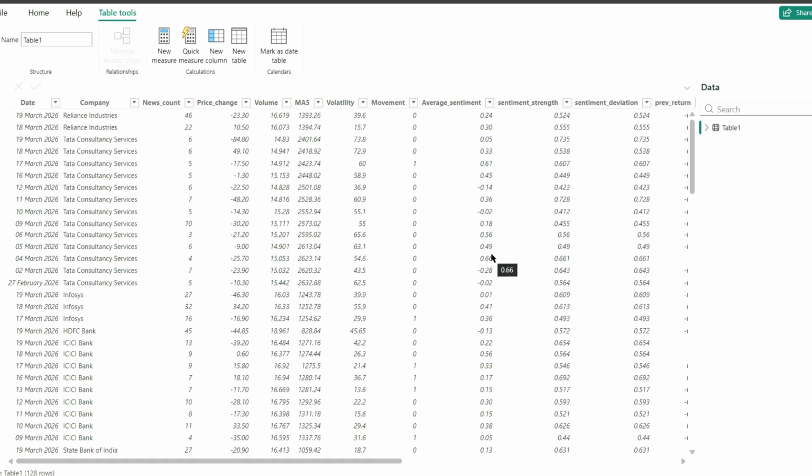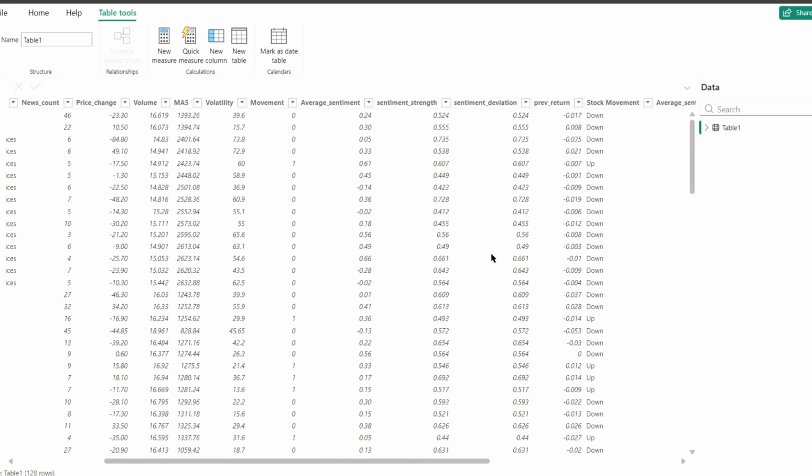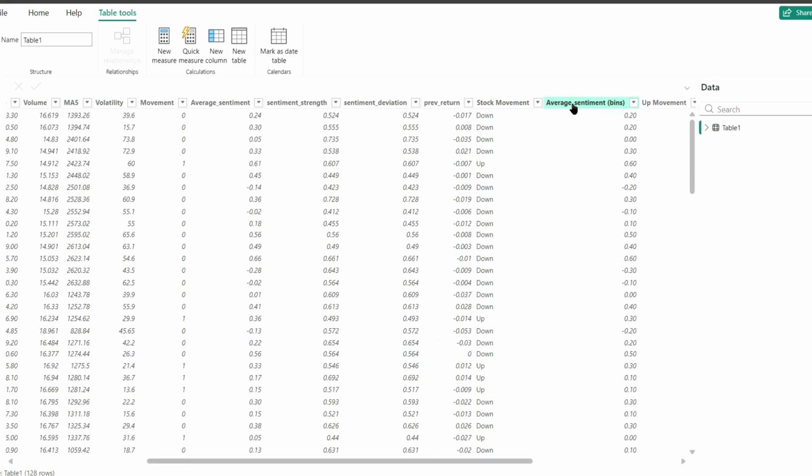The important columns include date for time analysis, company, different stocks, article sentiment, sentiment of individual news, daily average sentiment per day, sentiment strength, intensity of sentiment, news count, number of news articles, price change for stock price movement, MFI for 5 days moving average, volatility for fluctuation in stock, and the last movement, whether stock went up or down.